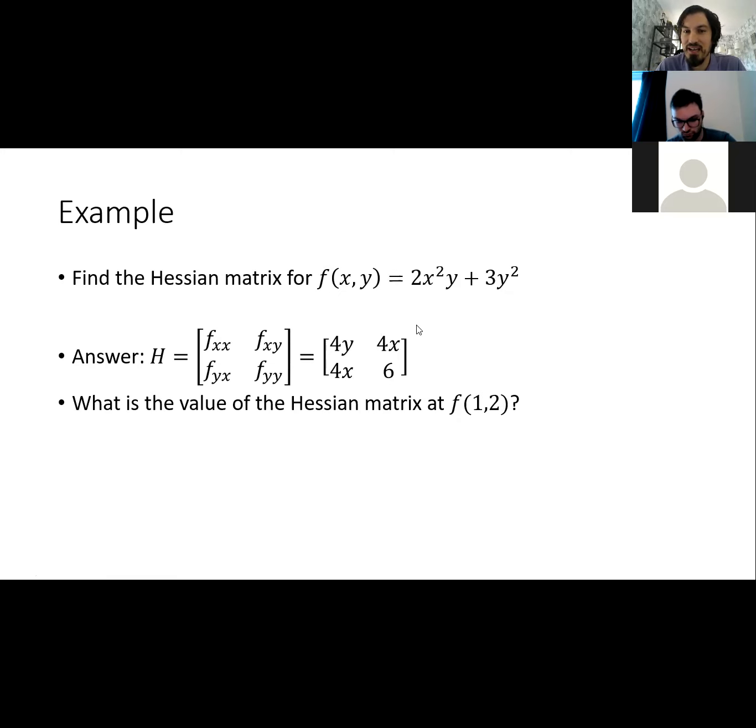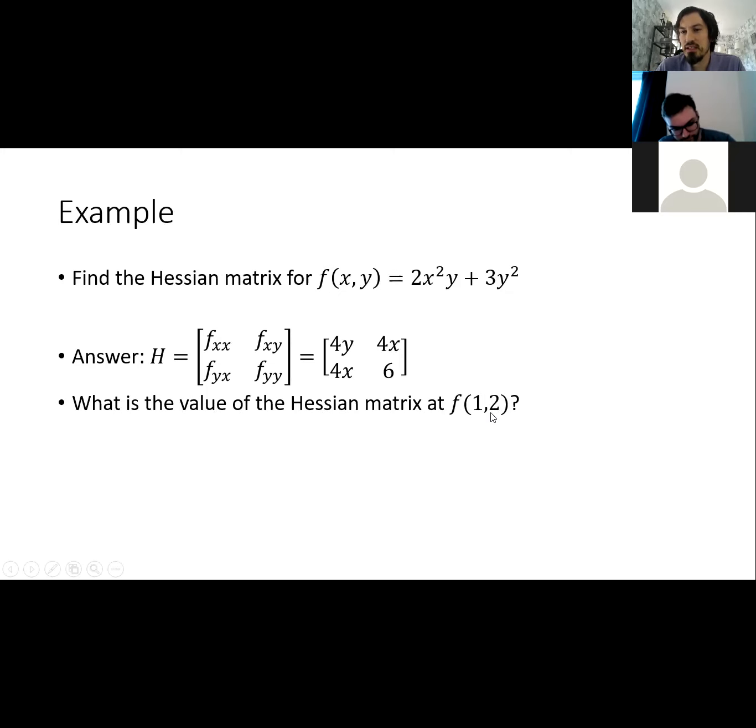You just plug in x equals 1 and you plug in y equals 2 and you get another matrix, a matrix of numbers, right? Could you answer this question? What is the value of the Hessian matrix at f(1, 2)? Do you plug the 1 and 2 into the x and y in the matrix or in the original formula? In the matrix.